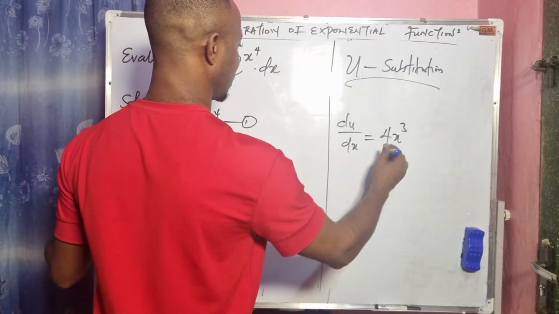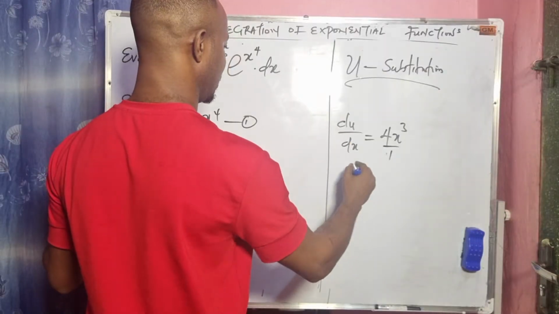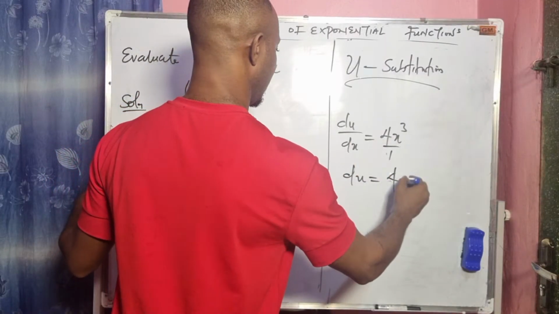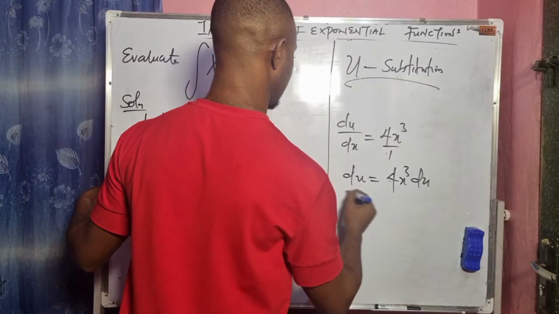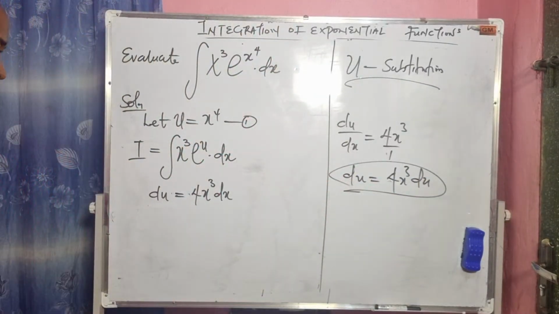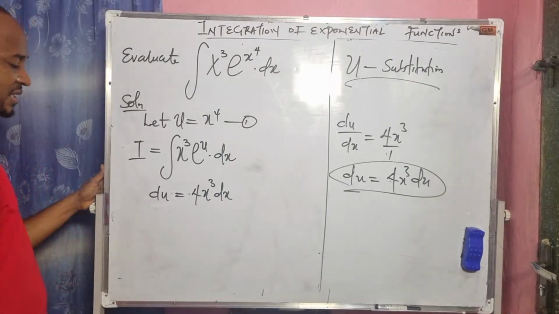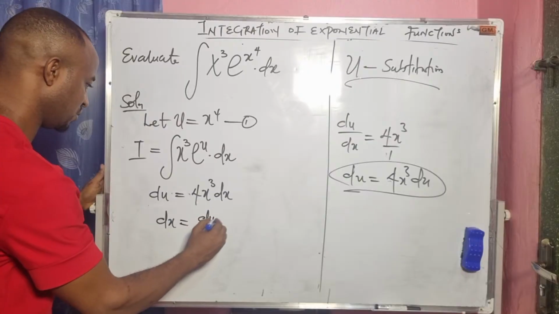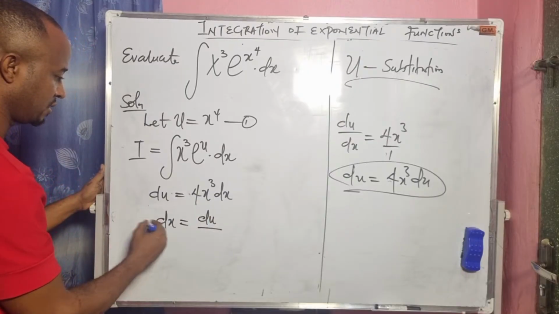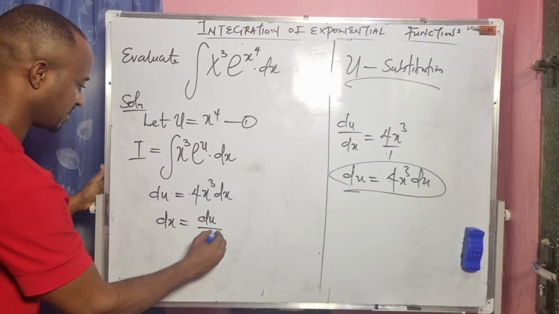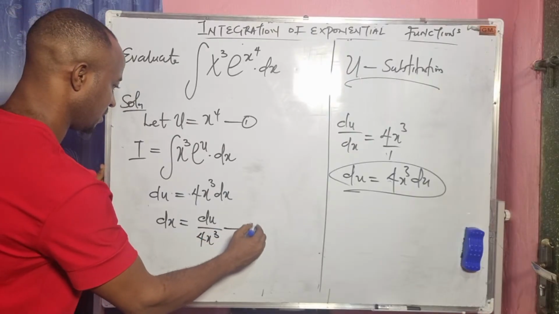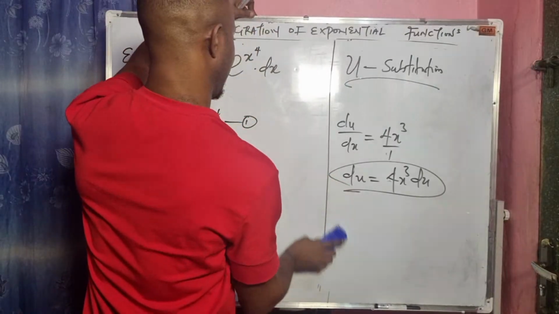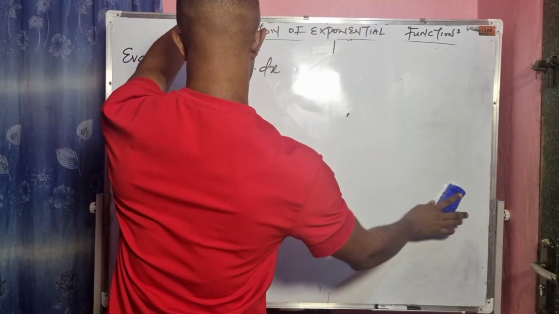By the time we cross multiply, du times 1 is du, so du equals 4x to the power of 3 dx, which is what I just stated here. Then I can make dx the subject, so we have dx equals du divided by 4x cubed. This is equation 3. So we can go ahead and substitute.